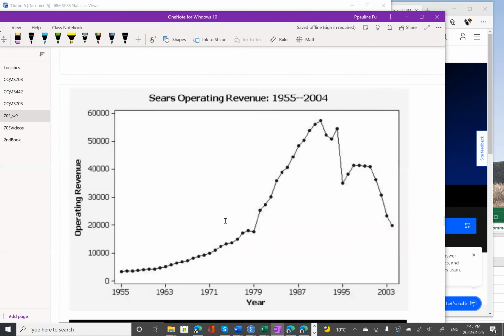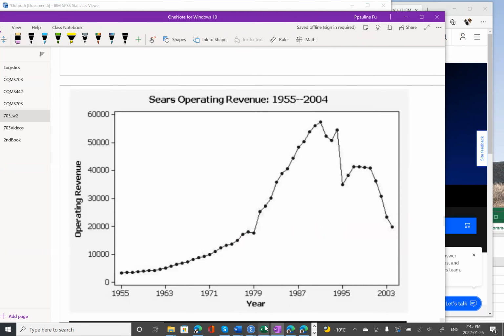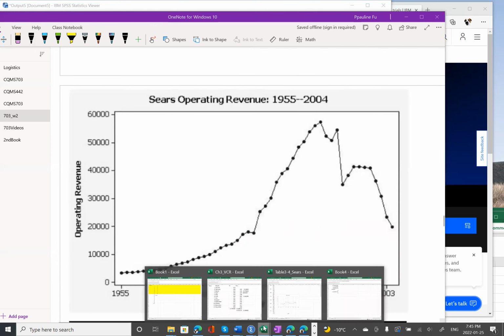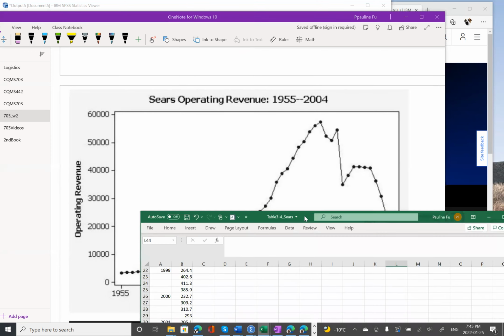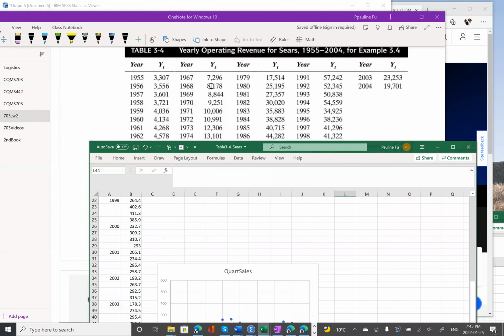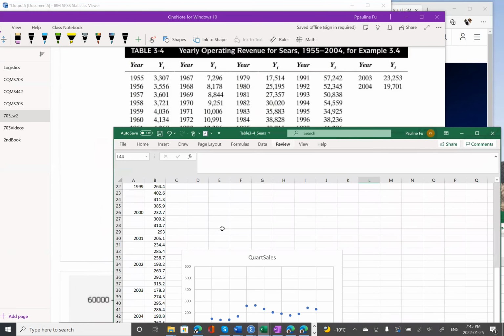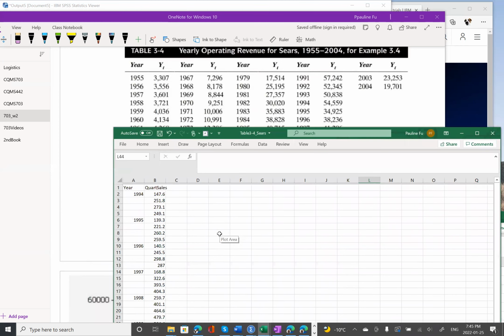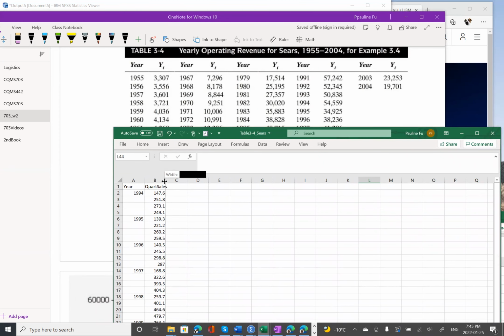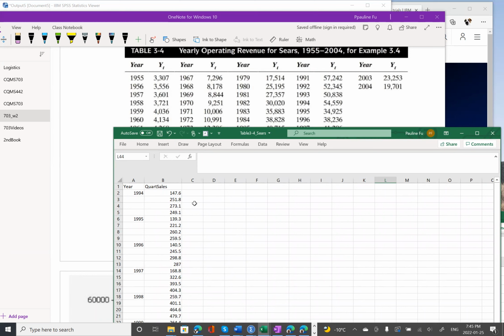I have this data in SPSS, also Excel. This is the sales data here. Looks like no, this is sales, it is different data.